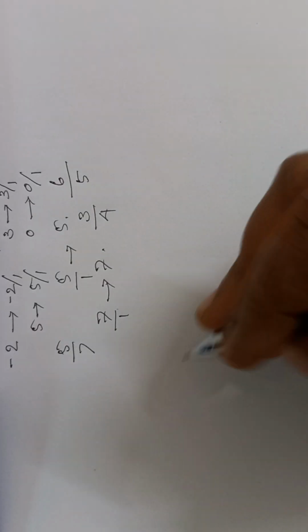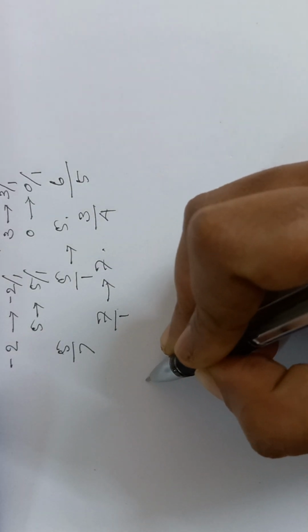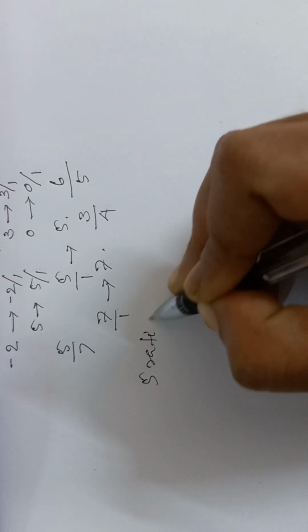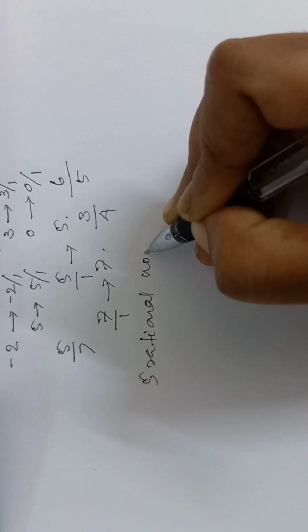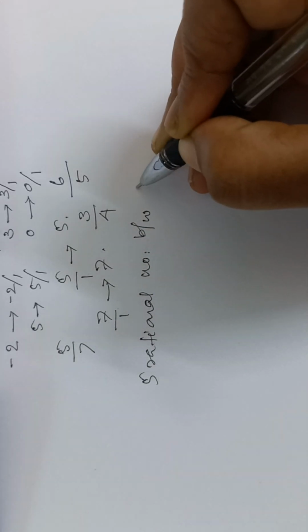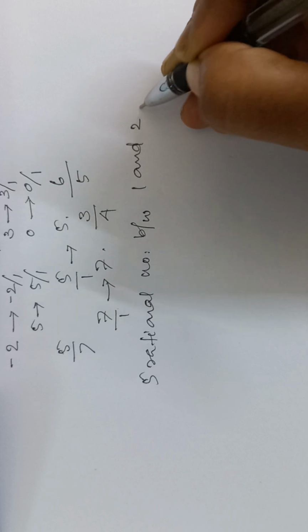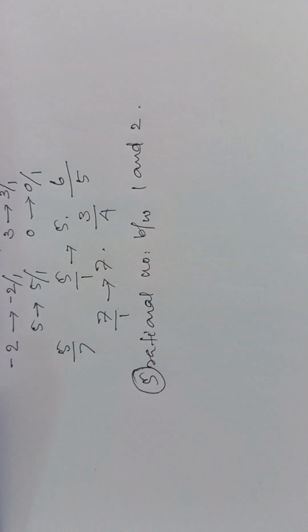In the example given in the textbook, we have to find 5 rational numbers between 1 and 2.